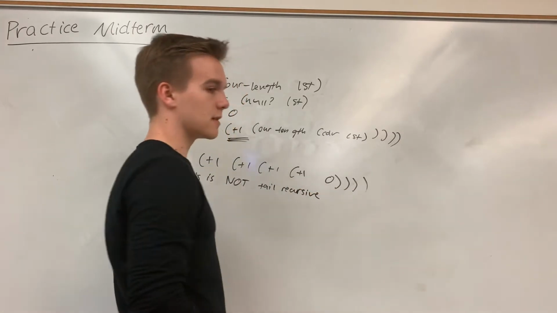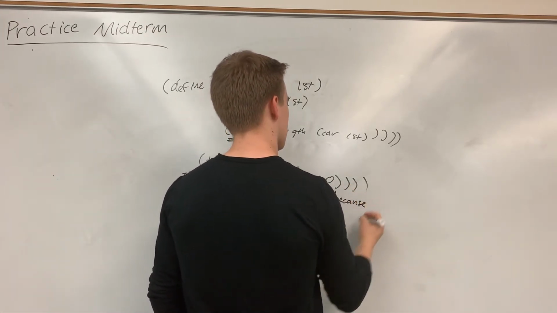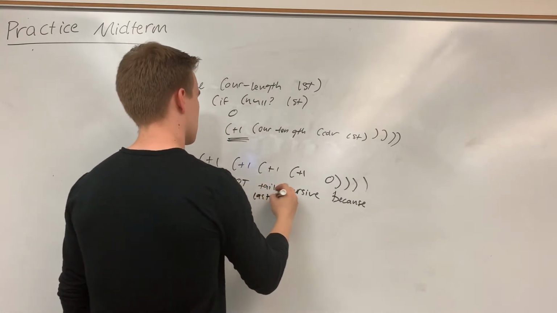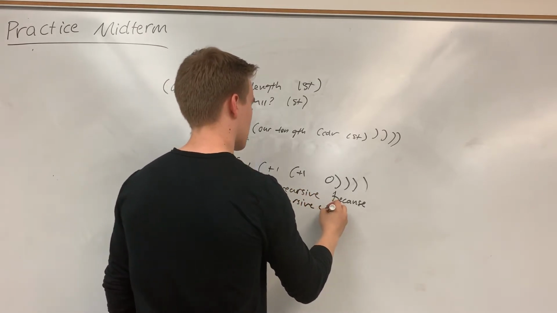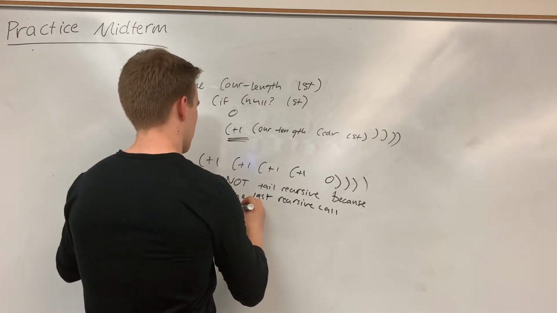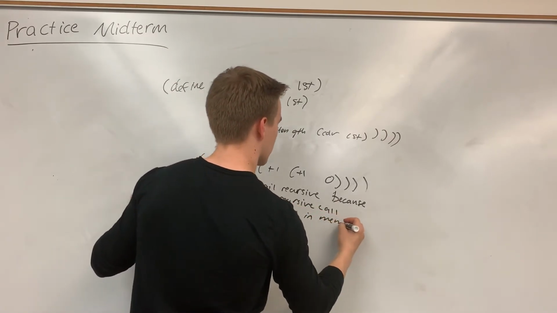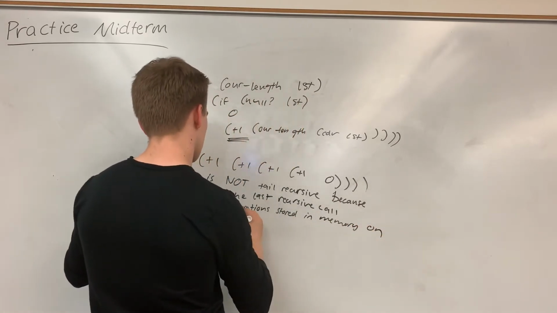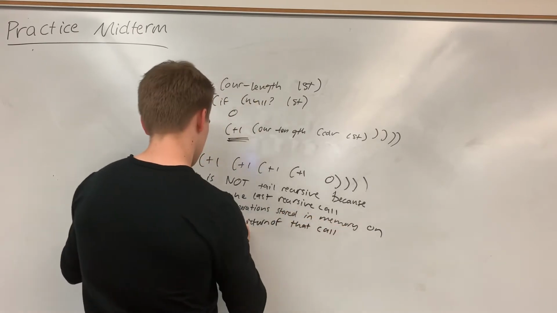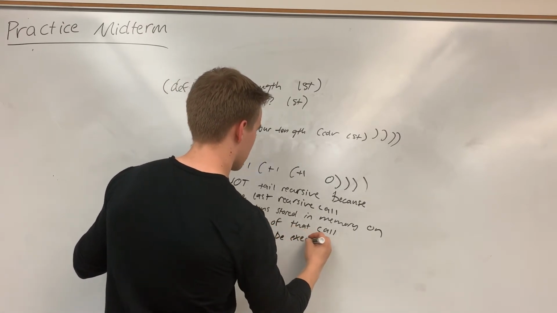I don't know exactly how to explain it. They might be looking for something in particular, but I would probably say something like, because after the last recursive call, the operations stored in memory on the return of that call still need to be executed.